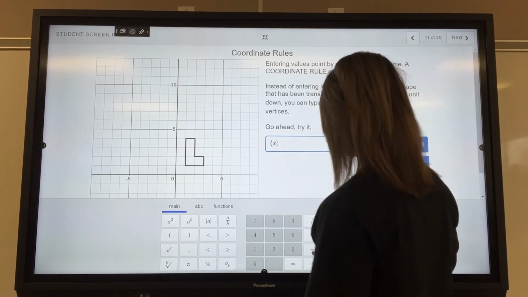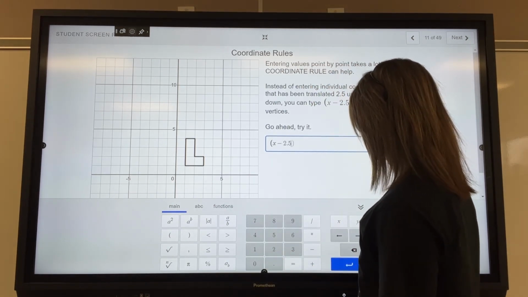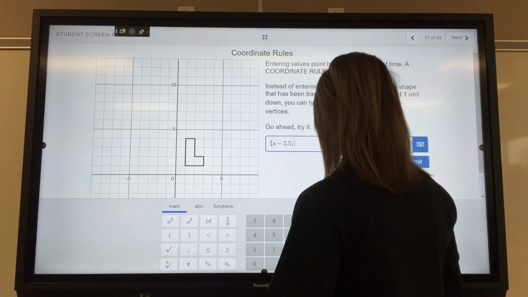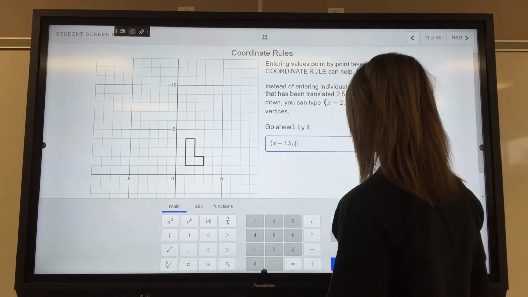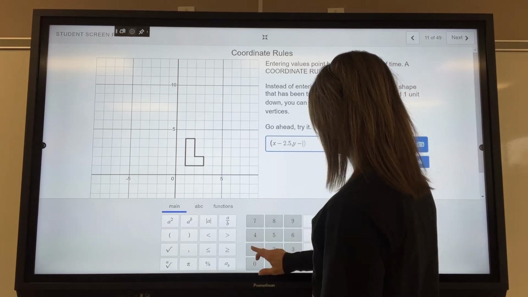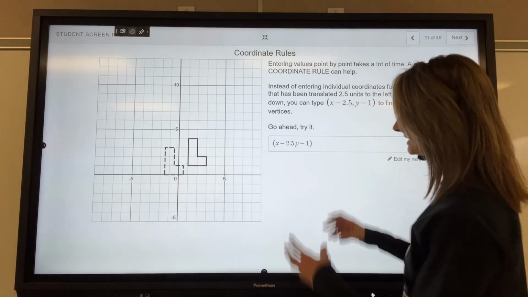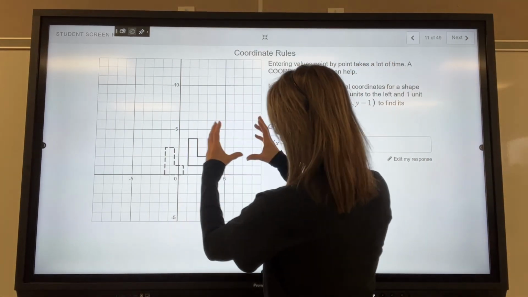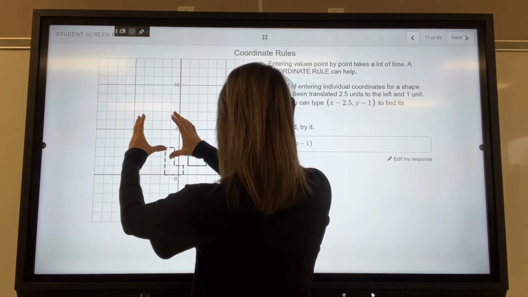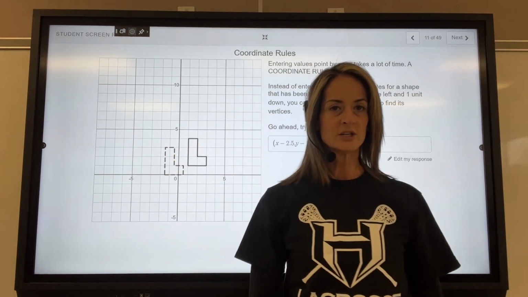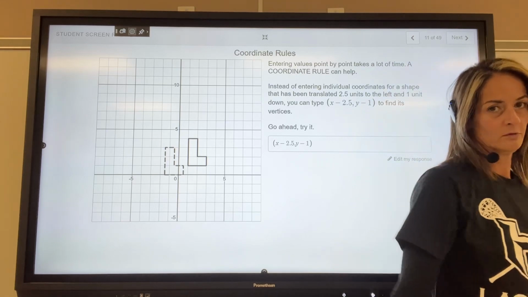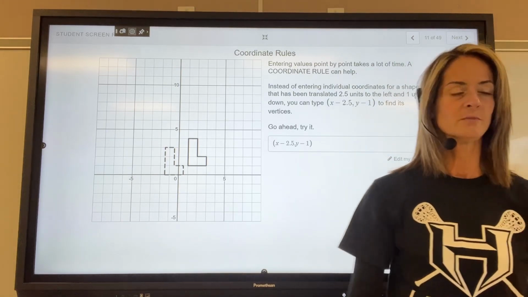X minus 2.5, comma, just like an ordered pair, y minus 1, close parentheses, submit. It will take every single point and it will shift it left 2.5 and down 1. Any questions? That's how you write a coordinate rule. Real simple with translations.